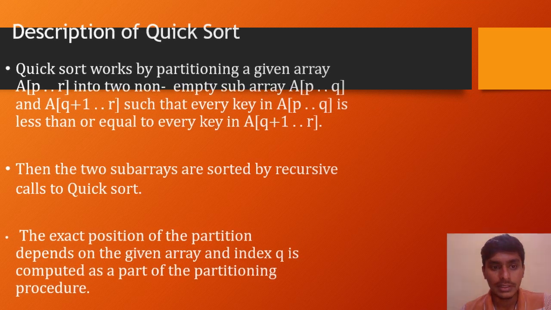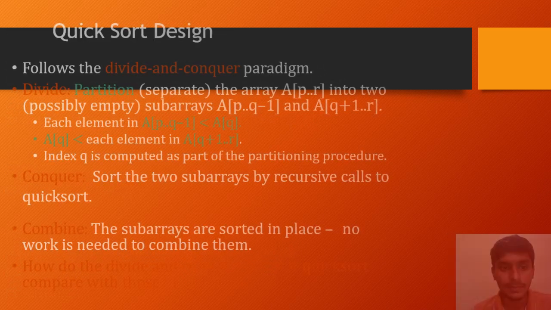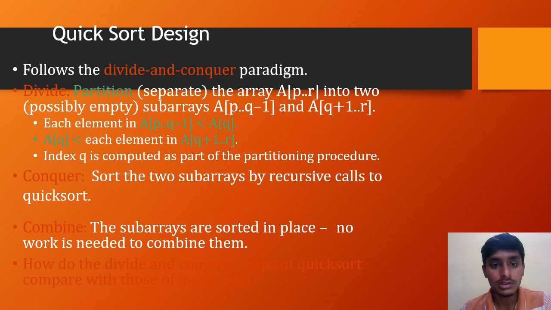Quicksort design follows the divide and conquer paradigm. Divide means partition: separate the array A[p..r] into two possibly empty subarrays A[p..q-1] and A[q+1..r], such that each element in A[p..q-1] is less than or equal to A[q], and A[q] is less than or equal to each element in A[q+1..r].